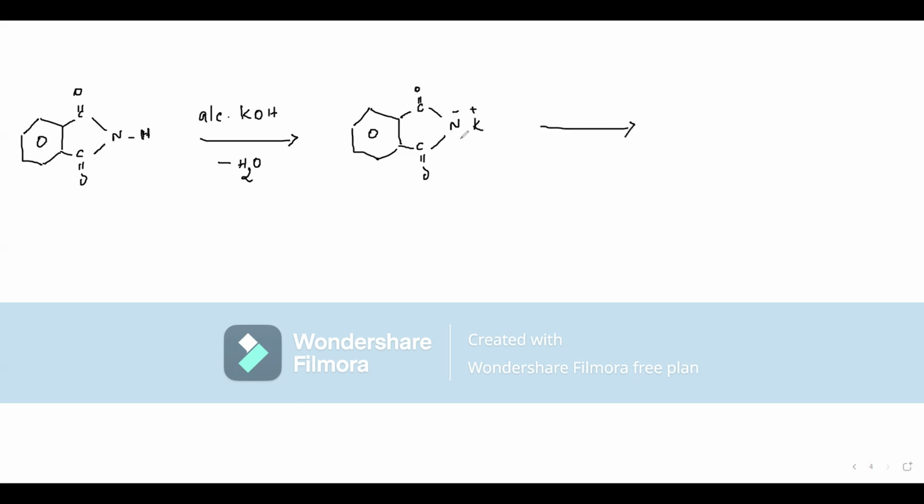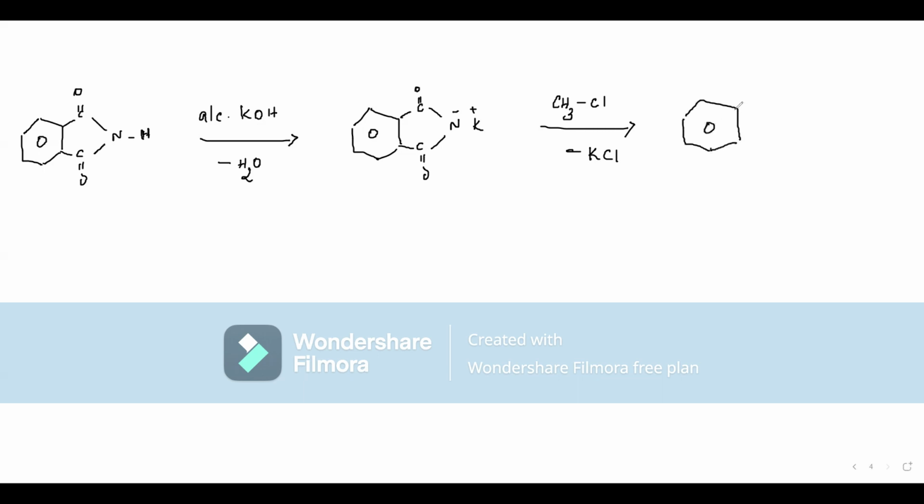Now, after this, we have to treat this potassium phthalimide with the required alkyl halide. Let me take CH3Cl. Now, K plus will go along with Cl minus, so minus KCl. This means I am removing KCl. Now, what is remaining there?